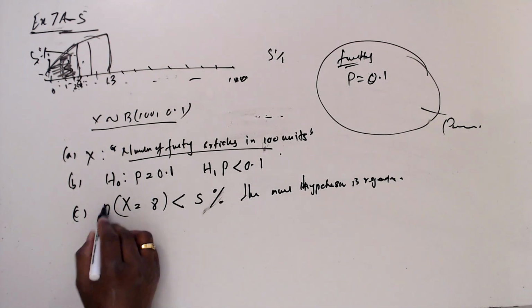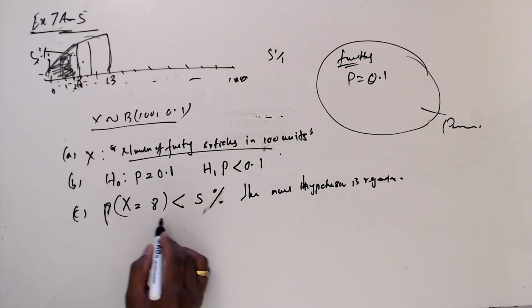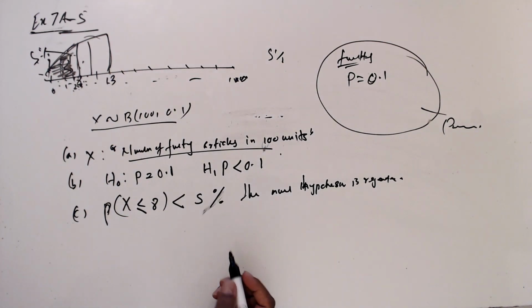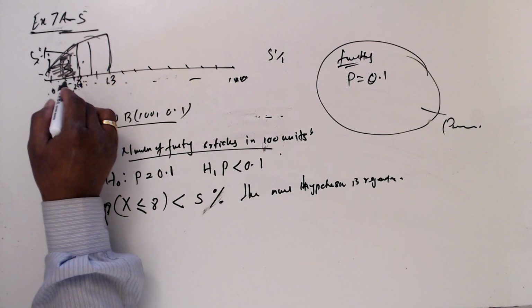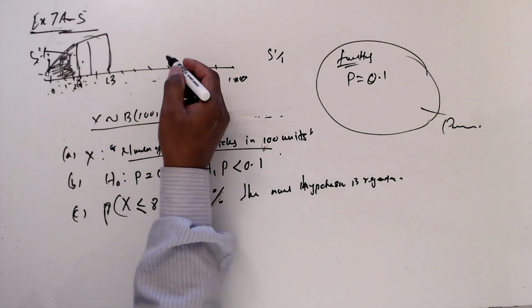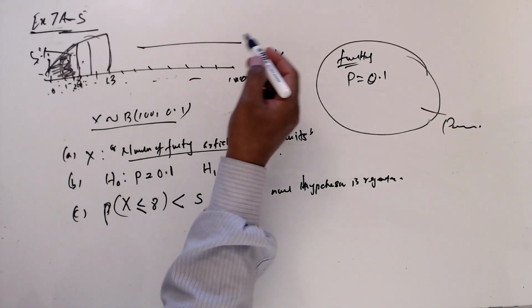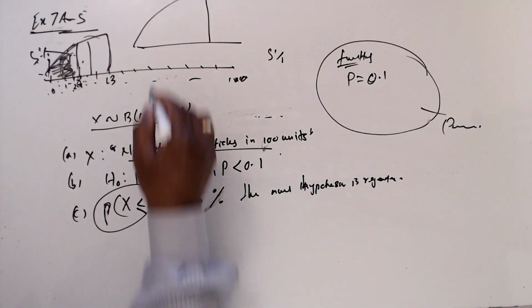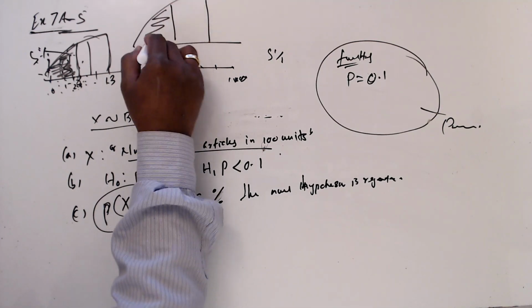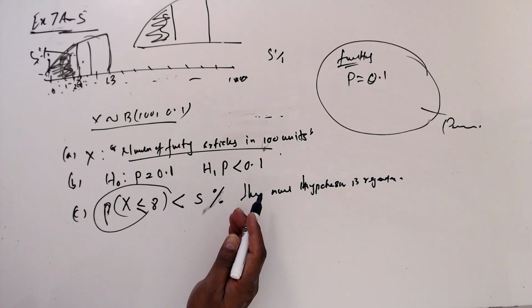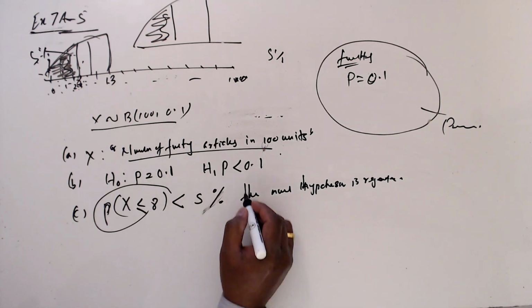So probability of X less than or equal to 8, all addition 0 plus 1 plus 2 up to 8. If I explain another way, the 5% area is big, this area is smaller, so that it is within the threshold. So reject the null hypothesis.